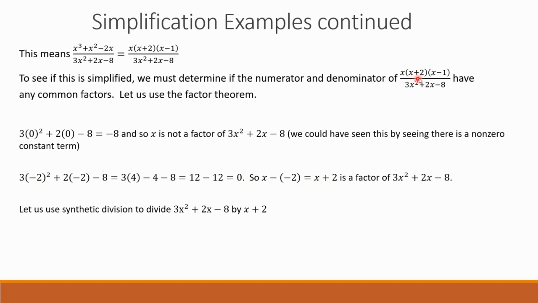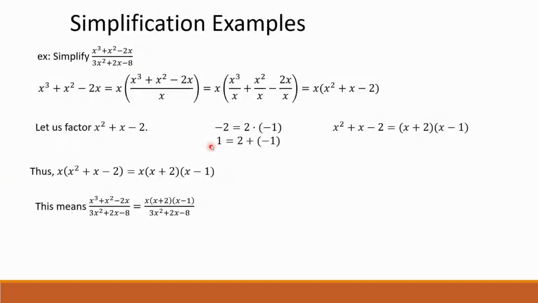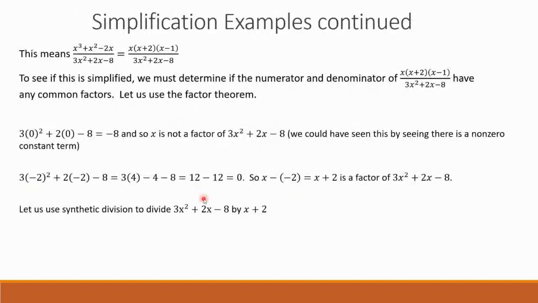It's a factor because if you replace x by -2 in the denominator, you get 0, so it's a root of the denominator. But just like with factoring out x, we had to divide to see what's left over. We're going to do that here.